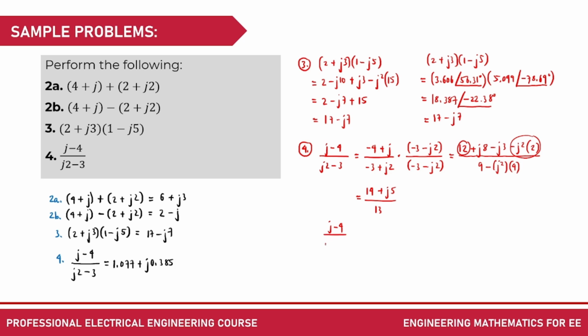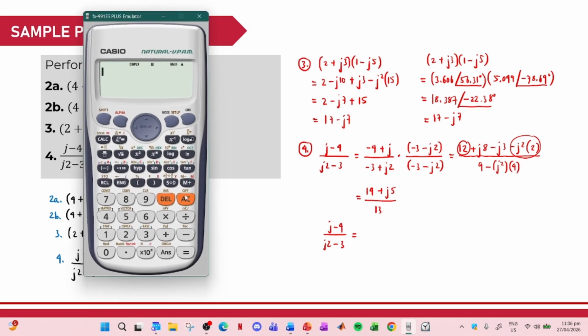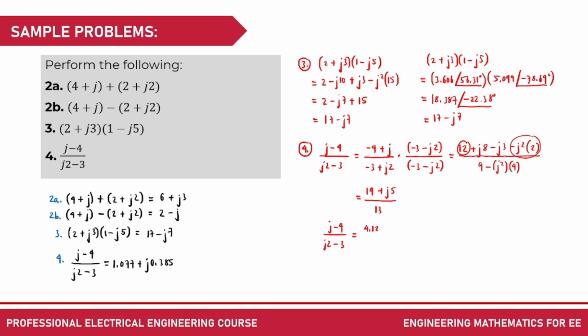Another solution we can do for this kind of problem is to use the polar form approach. If we have j minus 4, we can convert this to polar form. So we have 4.123.